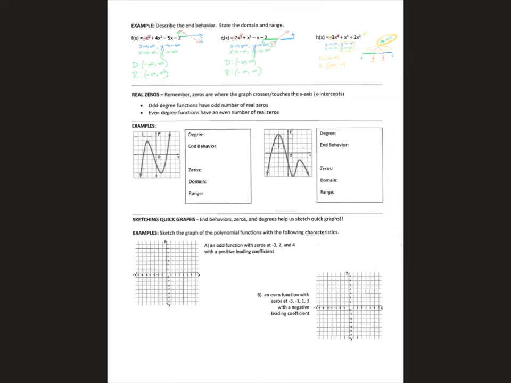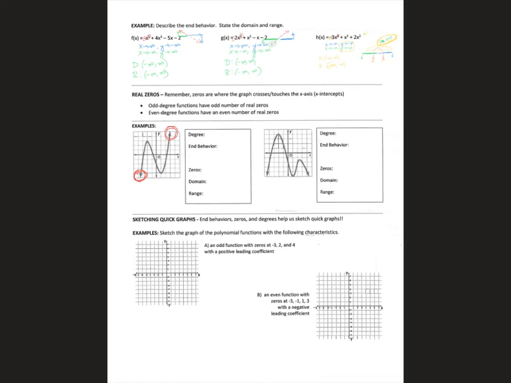This is obviously an example of a polynomial. Hopefully, based on the end behavior, you guys know that this has to be an odd degree function. The reason is that the right end is going in a positive direction and the left end is going in a negative direction.